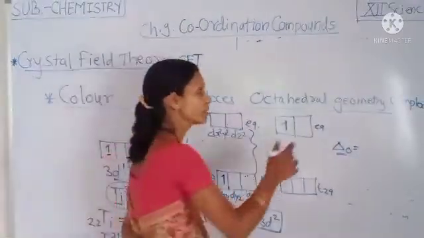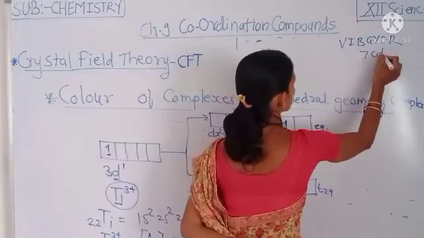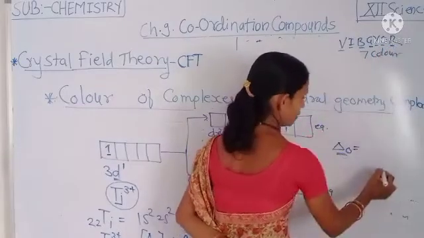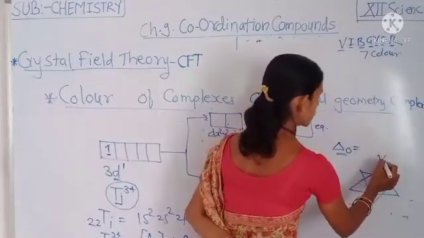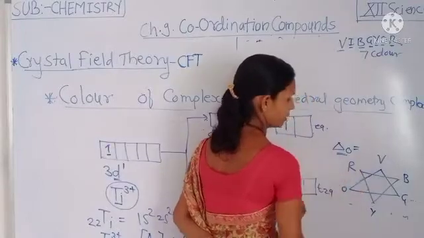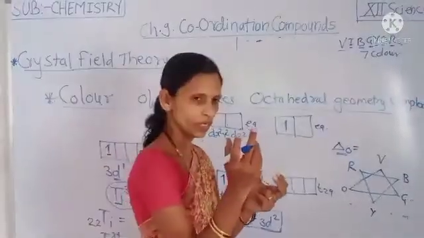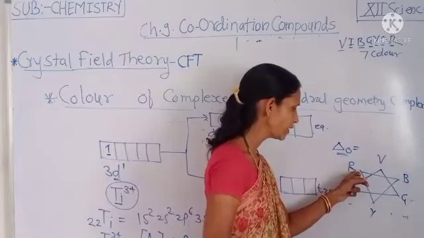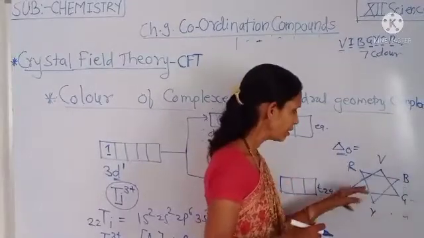Then what is a complementary color? See here, the 7 colors: violet, indigo, blue, green, yellow, orange and red, VIBGYOR. In the diagram, if the metal ion absorbs the wavelength of red light energy, then the complementary wavelength is green light energy, which is the complementary color of that particular wavelength.